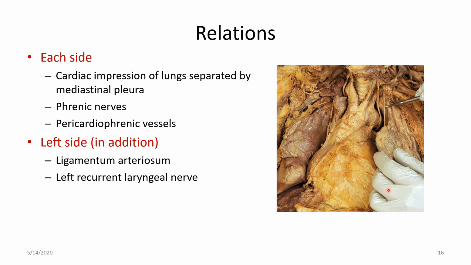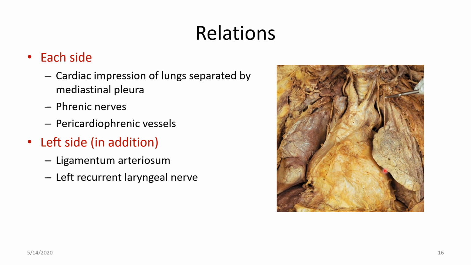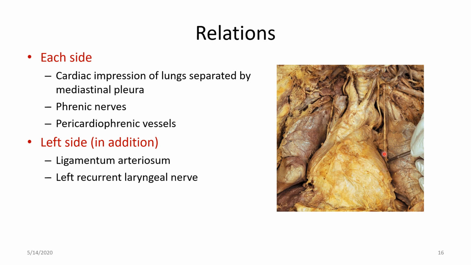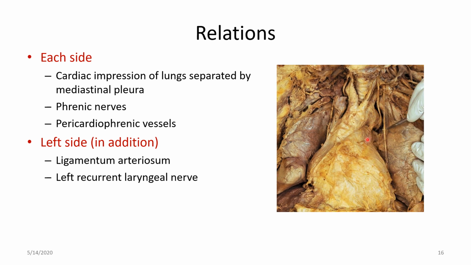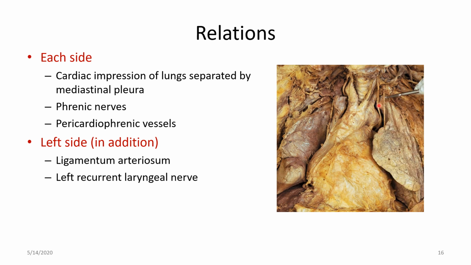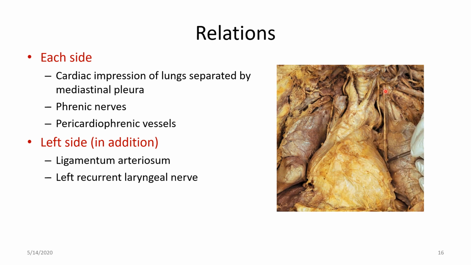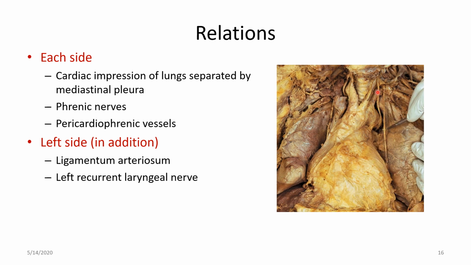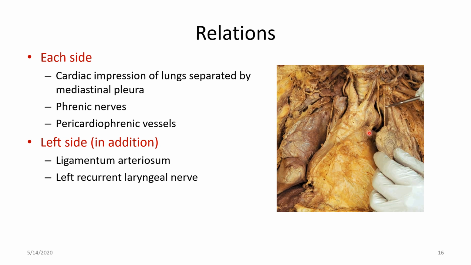This is the phrenic nerve, which will be accompanied by pericardiophrenic vessels. On the left side, in addition, this is the ligamentum arteriosum that is seen here between the pulmonary trunk and arch of aorta, and the other structure is the left recurrent laryngeal nerve passing below the ligamentum arteriosum. So you are seeing the phrenic nerve and pericardiophrenic vessels, the left recurrent laryngeal nerve, the ligamentum arteriosum.